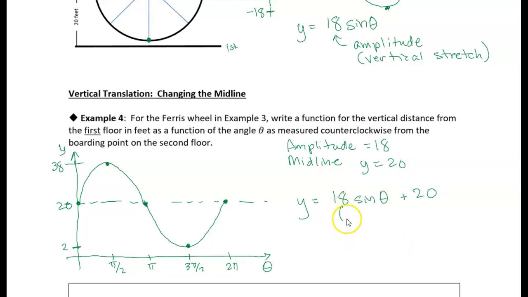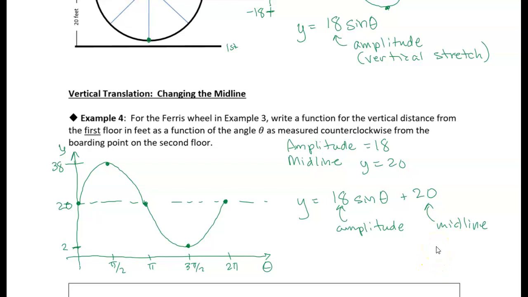Okay, so this is the amplitude, which gives us a vertical stretch of the basic sine function. And then this is our midline, and that's our vertical translation. We're shifting up by 20 feet.